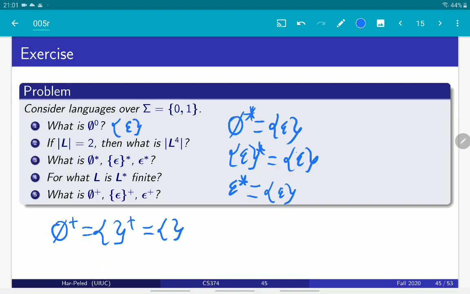And epsilon plus is going to be just epsilon, the language that contains epsilon. Epsilon plus, again, it's not clear if it's well defined. It's not currently defined in our language, but it's going to be just the language that contains the empty string. So that's the answer to all the questions here, and we can move on.